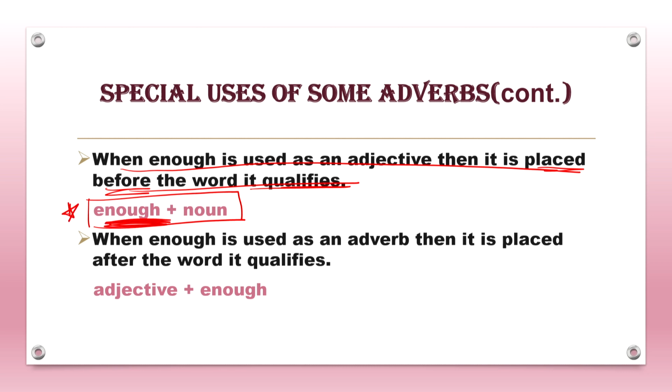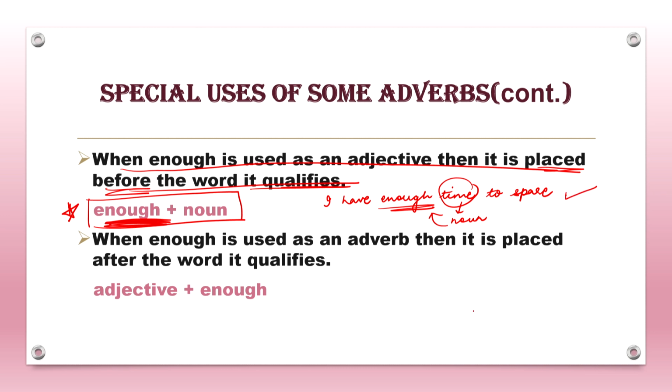So, this is important. Let us take an example: I have enough time to spare. As you can see, time over here is a noun, hence enough is placed before your noun. So, this sentence is correct.